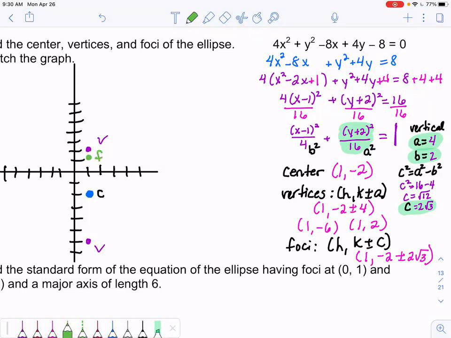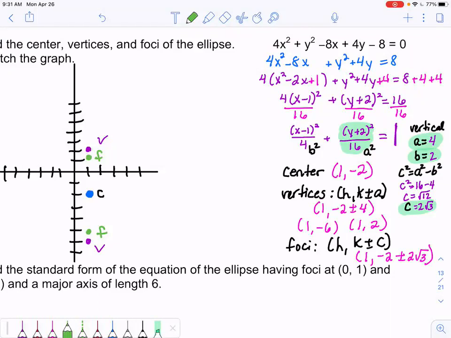From your center, go down a little more than 3, and that's where your focus is going to be. So the distance of C is the square root of 12, which is a little more than 3. Has to be less than 4 because the square root of 16 is 4. So I'm going up to get to my focus and down because everything has to lie vertically. So your focus should be in line with the vertex.